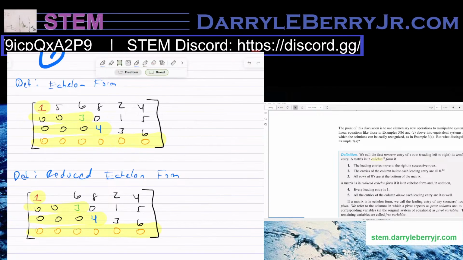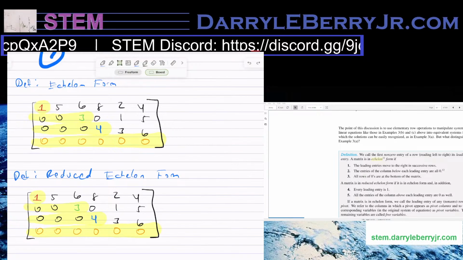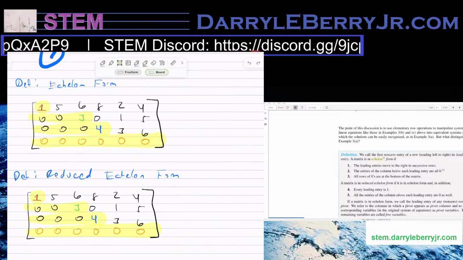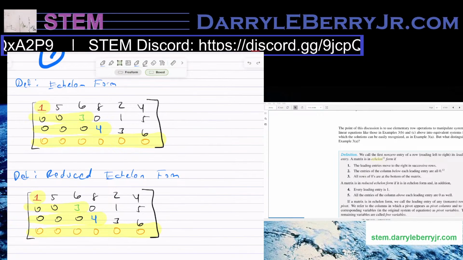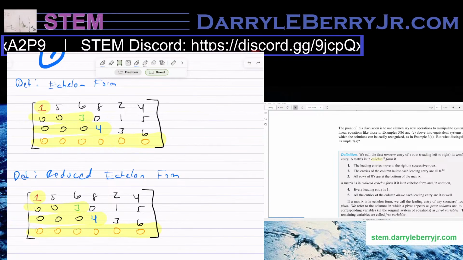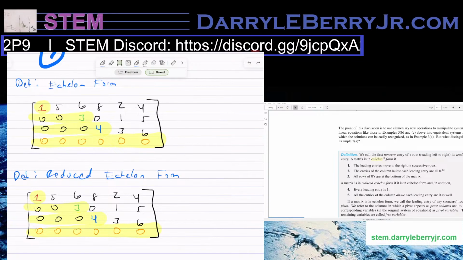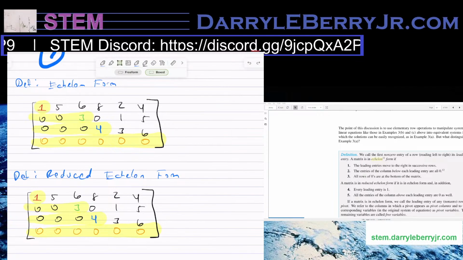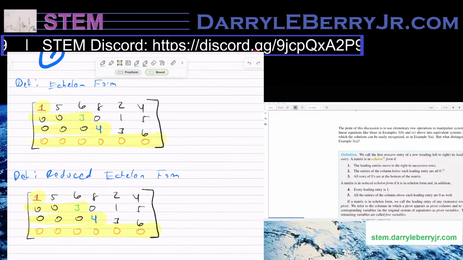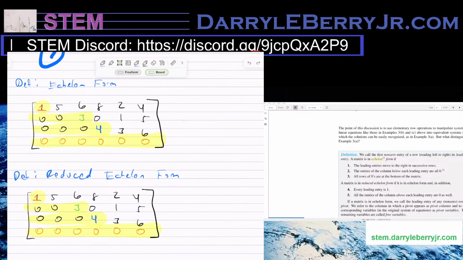So every leading entry is a 1, and all the entries of the columns above each leading entry are 0 as well.